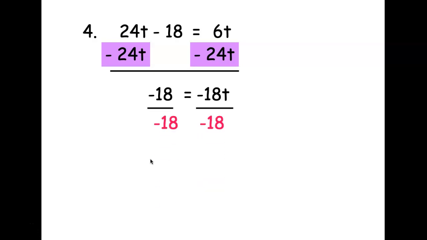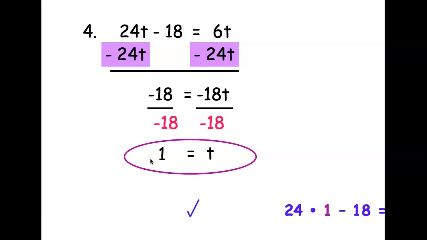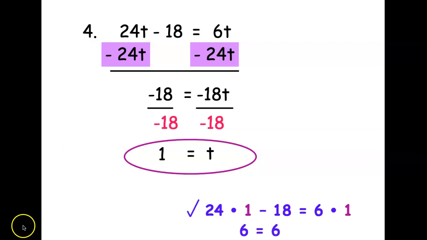Divide both sides by negative 18, and you will have 1 equals t. Check your answers. Replace the variable t by the value 1 and see if the right side and the left side of the equal symbol will get the same value. By doing that, yes, you got 6 on both sides.